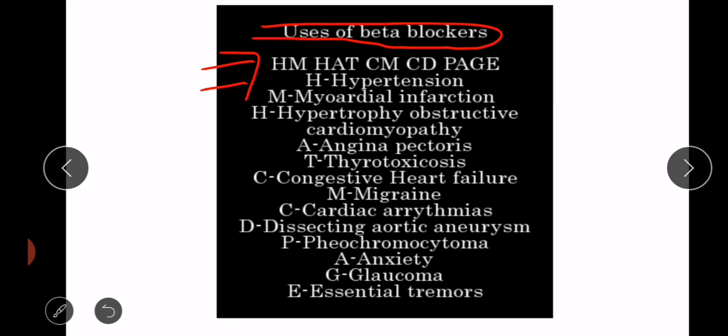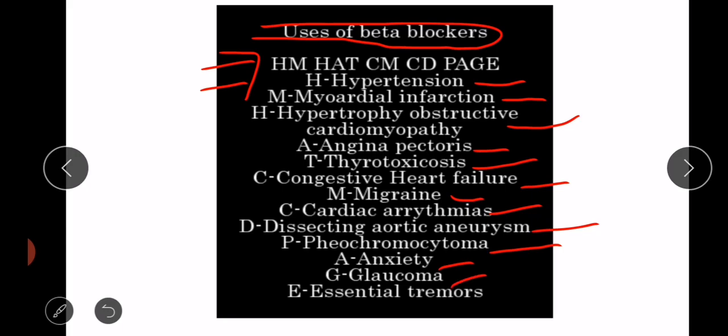H for hypertension, M for myocardial infarction, then H for hypertrophic obstructive cardiomyopathy, then A for angina pectoris, then T for thyrotoxicosis, then C for congestive heart failure, M for migraine, C for cardiac arrhythmias, D for dissecting aortic aneurysm, P for pheochromocytoma, A for anxiety, G for glaucoma, and E for essential tremors.